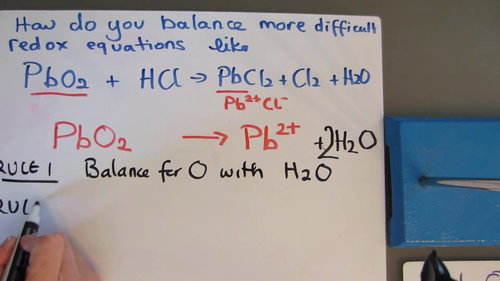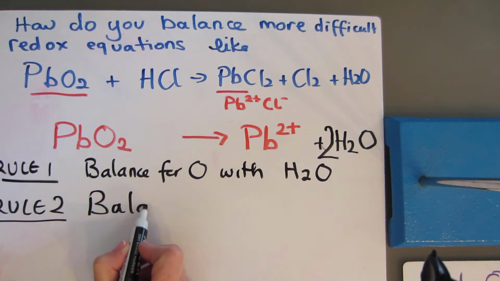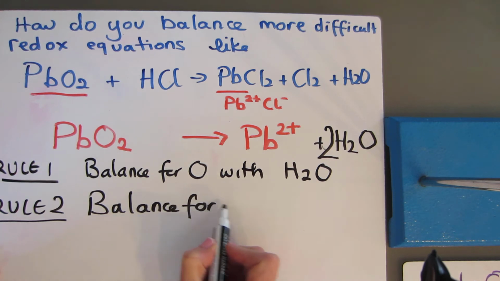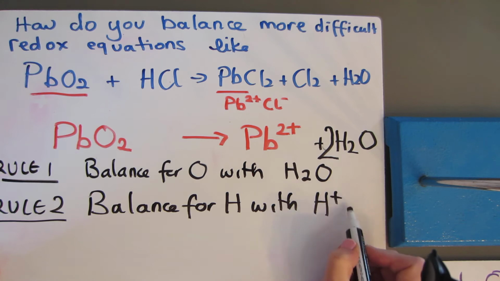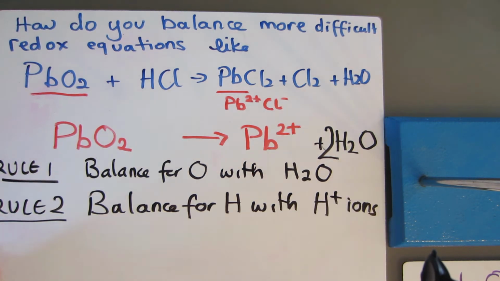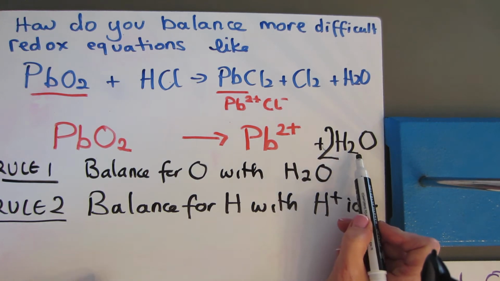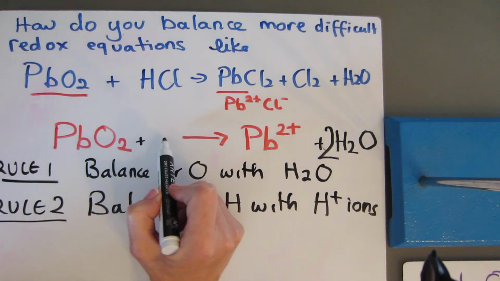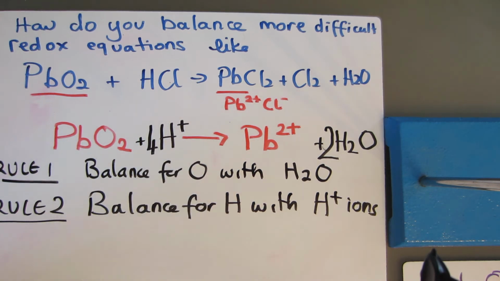So follow rule number two. Balance for hydrogens with H plus ions. So how many hydrogens do you have? 2 times 2 is 4. So how many hydrogen ions do I need? 4.